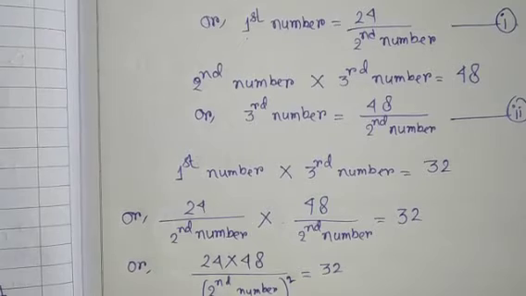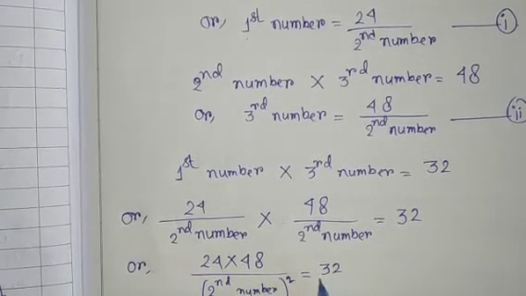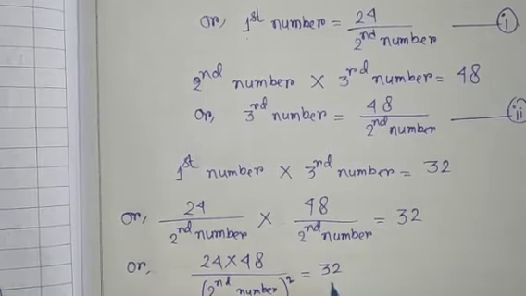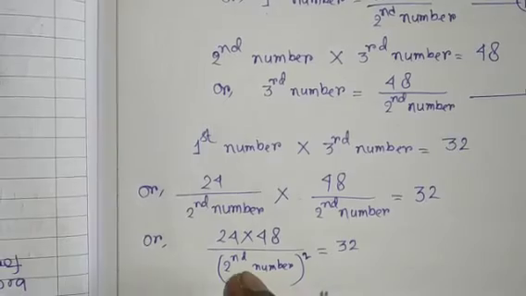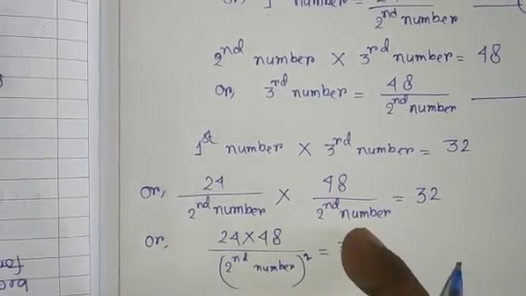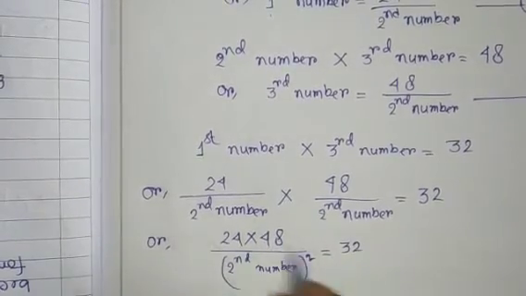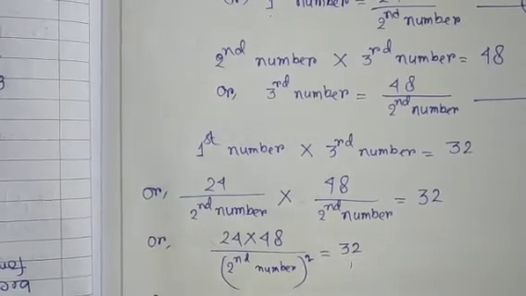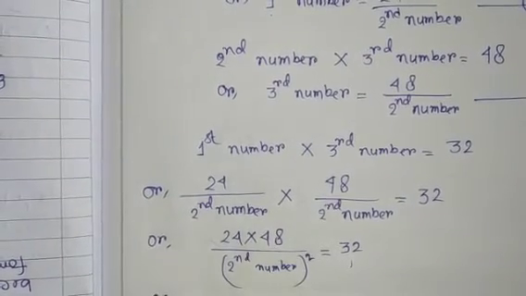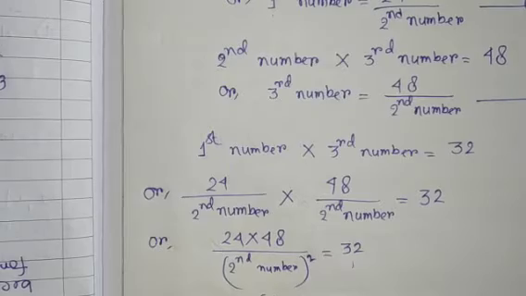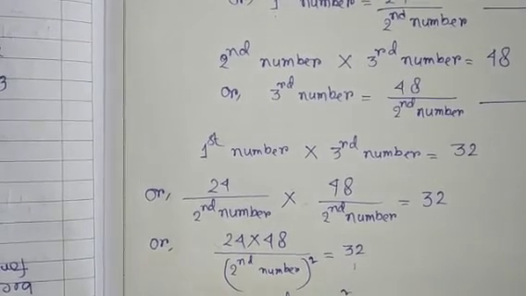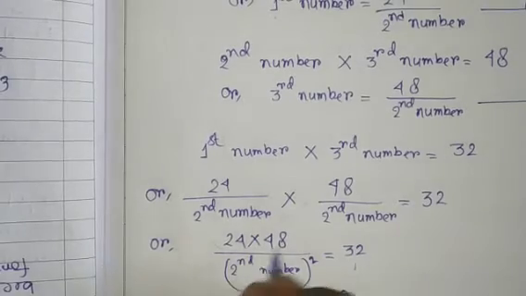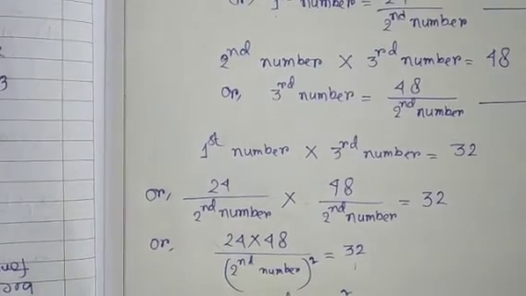Now remember, if I am writing 32, there must be a 1 behind it, that means in the denominator part there must be a 1. So now cross multiply it. That is second number square multiplied by 32, or 32 multiplied by second number square, and it will be equal to 24 into 48.